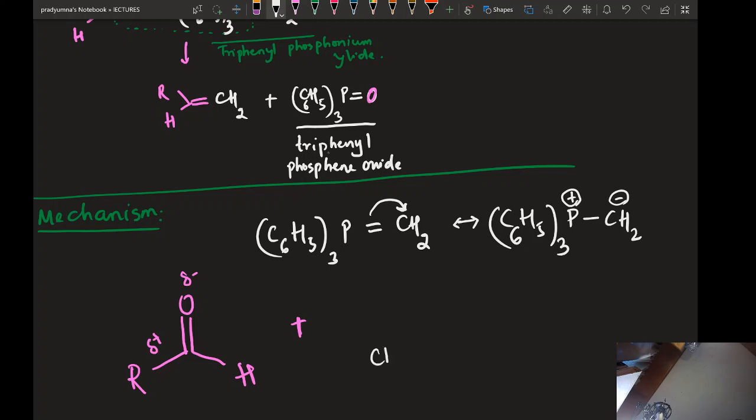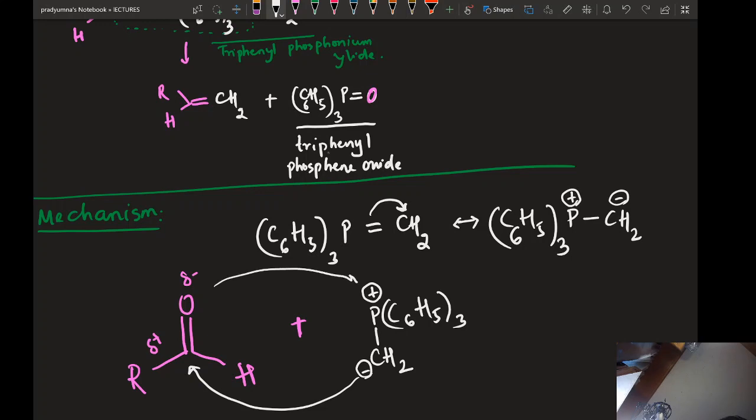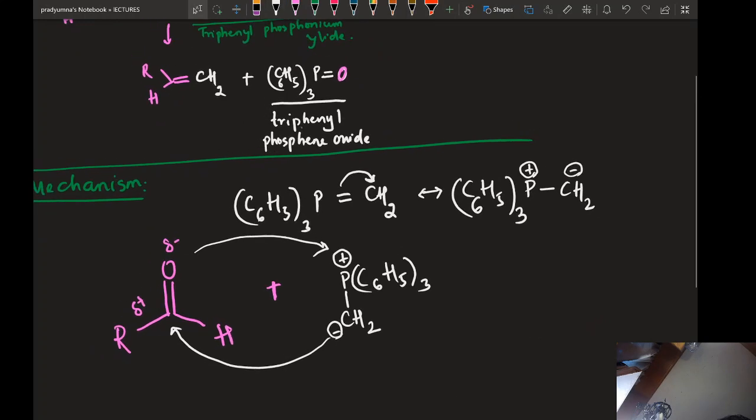Let's say this is CH2 P(C6H5)3. This portion is plus and this portion is negative. If I put my phosphonium halide right next to it, obviously the negative portion is going to react with the positive carbon center, and the negative oxygen is going to react with our positive phosphorus.